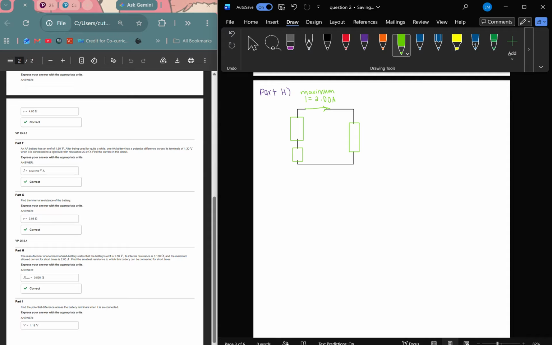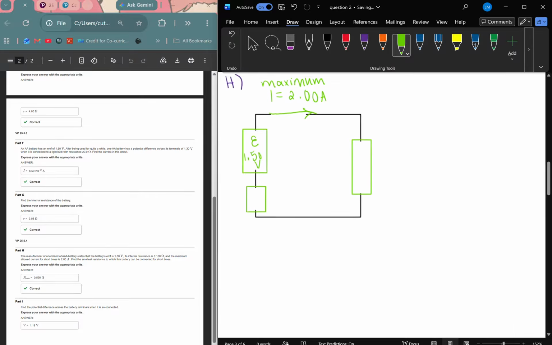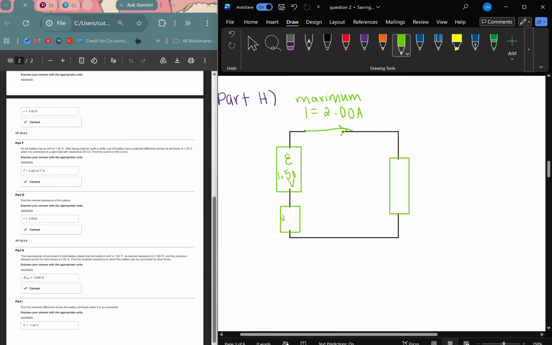And the electromotive force is how much? 1.50 volts. And the internal resistance is, let me zoom in a little bit, 0.160 ohms.